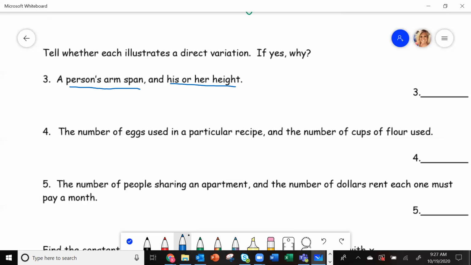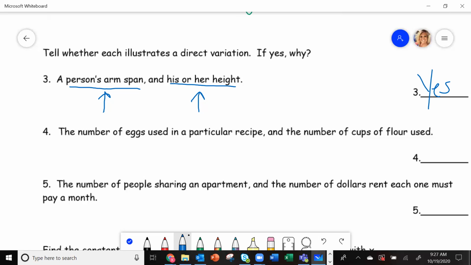So as you grow and get taller, your arm span is going to get bigger. Since both of these things are going up, yes, it is a direct variation, because as you get taller, your arm span gets bigger.